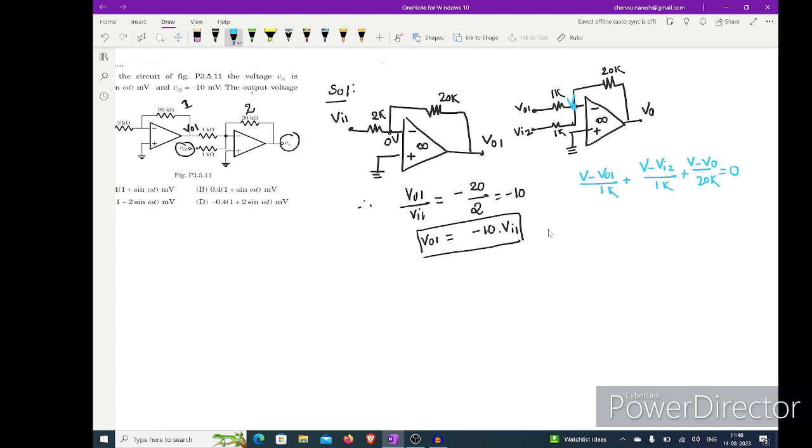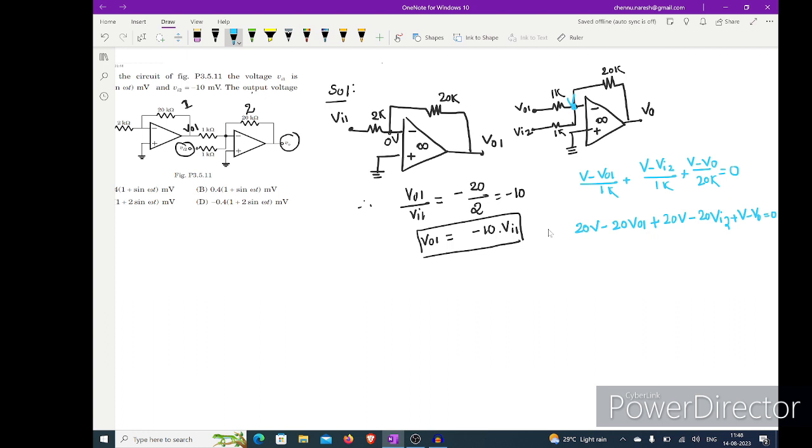By LCM we'll get 20. So 20 V minus 20 V01 plus 20 V minus 20 Vi2 plus V minus V0 equal to 0.